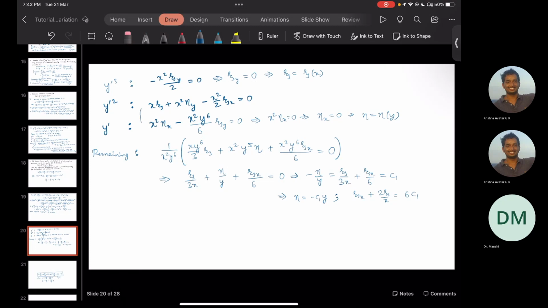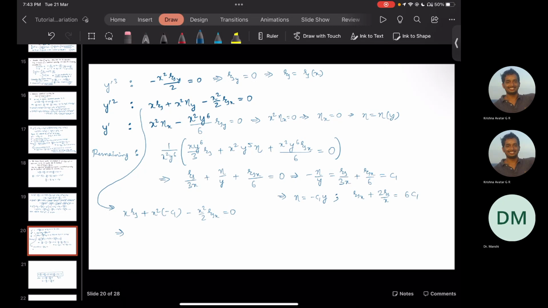Now let's put whatever we know so far in this expression here. So we have xi plus x squared eta y is nothing but minus c1, minus x squared by 2 xi x is equal to 0.